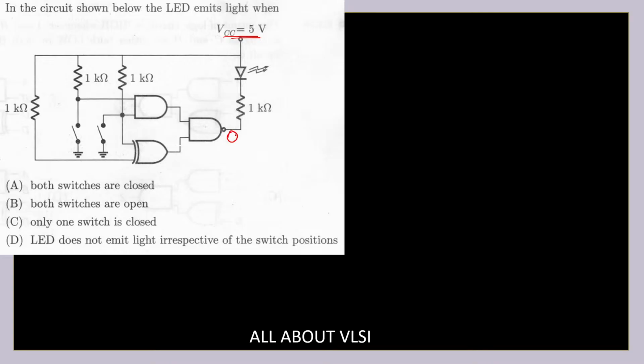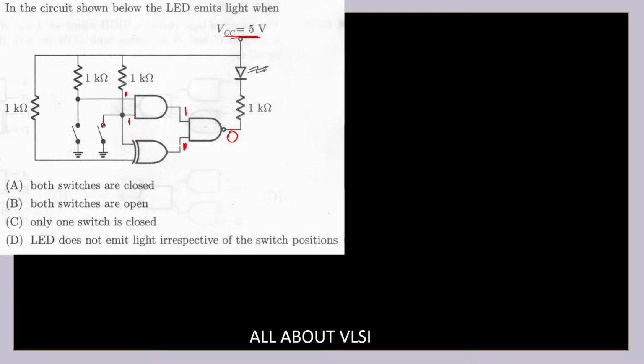If your NAND gate output should be equal to 0, then both the inputs should be equal to 1. Okay, that means this AND gate output is equal to 1 and XOR gate output is also equal to 1. And if AND gate output is equal to 1, then both the inputs should be connected to 1.